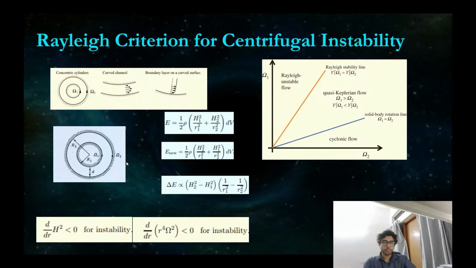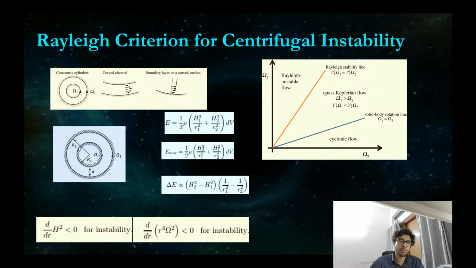So right, here is a schematic diagram of let's say you have two shells, one with omega 1, one with omega 2, at different radius r1 and r2, and what we do is an experiment: if you have some fluid over here, you take some element of the fluid which is at omega 2, and you just bring it to this position at r1.